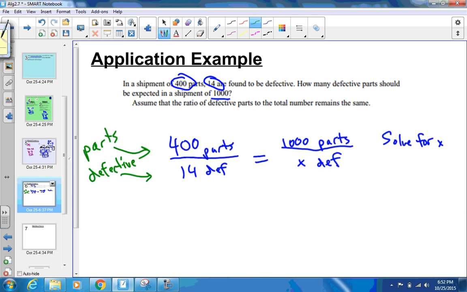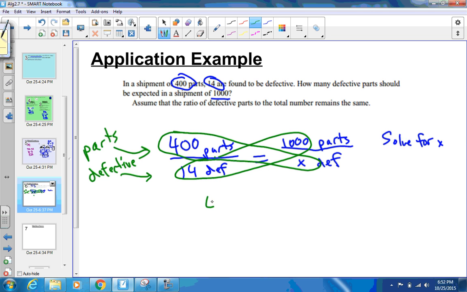Then we're going to do our cross multiplying. So we've got 400 times x set equal to 14 times 1,000, which would be 14,000. The only thing to solve for x would be divide both sides by 400, and we'll get what x is equal to.